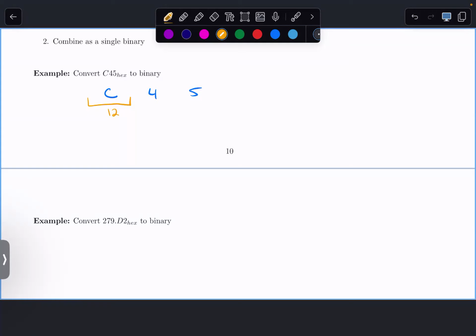I would need to say, okay, to convert 12 to base 2, I can do long or repeated division. 2 goes into 12 6 times with a remainder of 0. 2 goes into 6 3 times with a remainder of 0. 2 goes into 3 1 time with a remainder of 1. So I get 1 1 0 0.